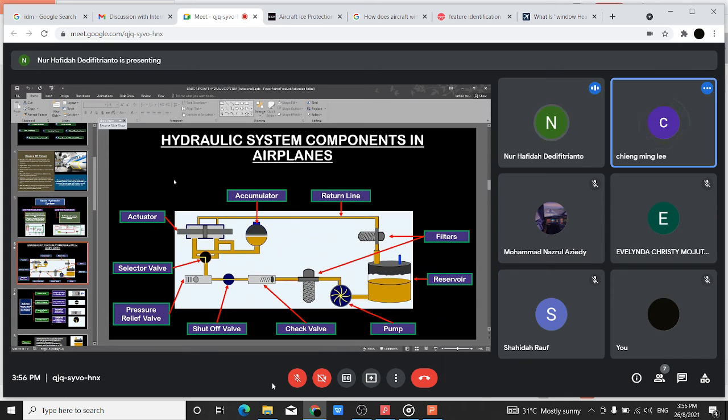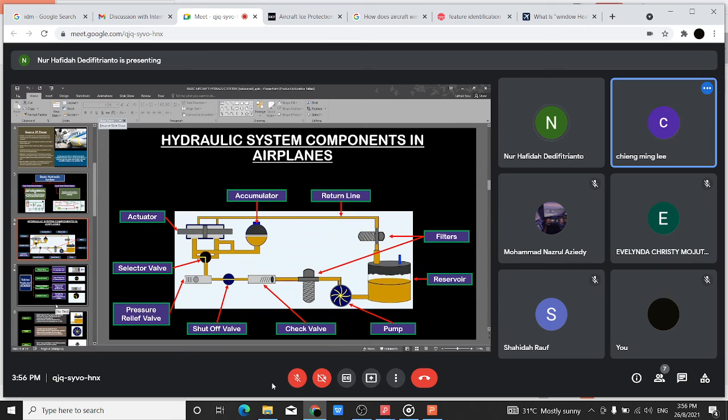So you don't have to explain too much. What I want is the basics: what type of actuator, what type of pump, and the function of the check valve, shut off valve, filter. That's a simple one.